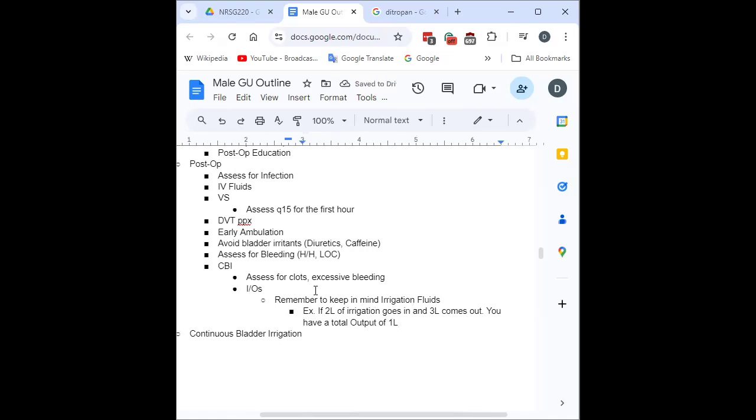Does that make sense for everyone? So even though you had 3 liters come out, it's not exactly 3 liters for their output, because some of that was the stuff you're irrigating in. So you don't count it for your input, you don't count it for your output either.